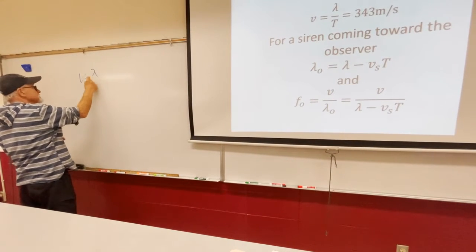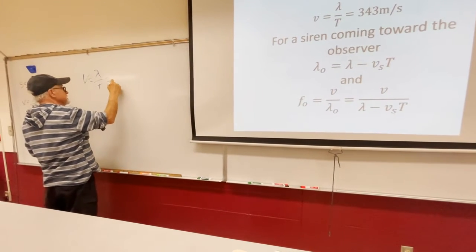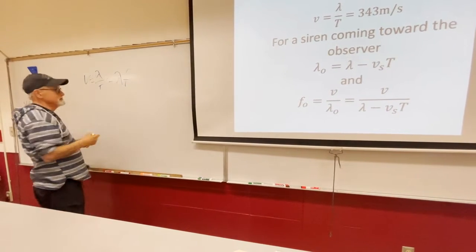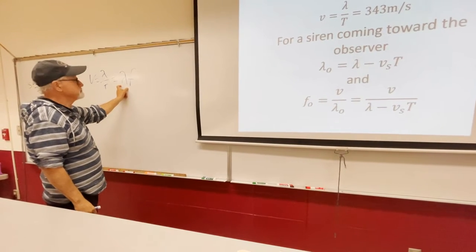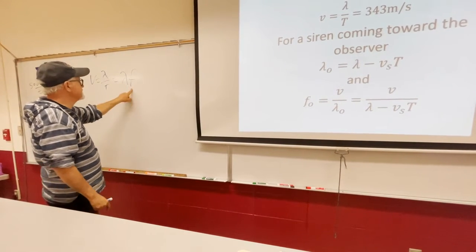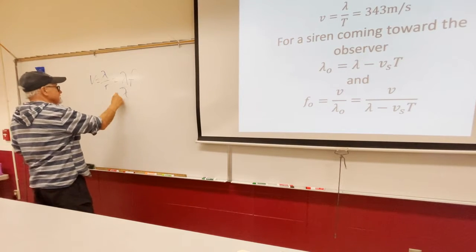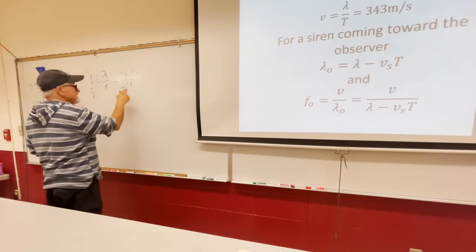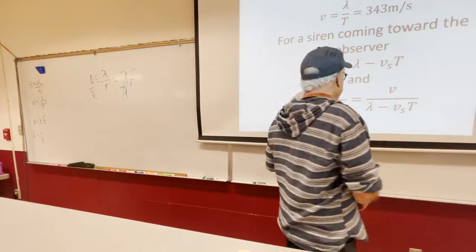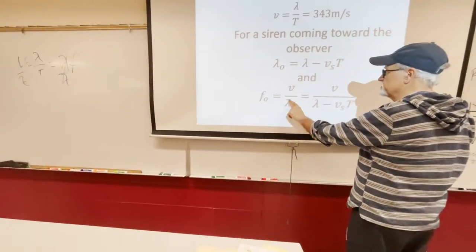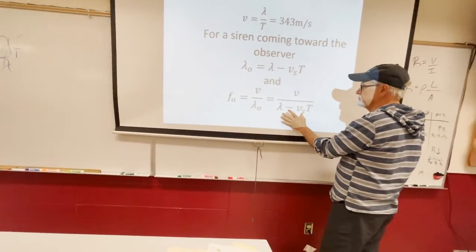Velocity is wavelength times frequency, so all this does is solve for the frequency, which is velocity divided by the wavelength. And this is what the observer hears. And this wavelength that the observer hears is this.